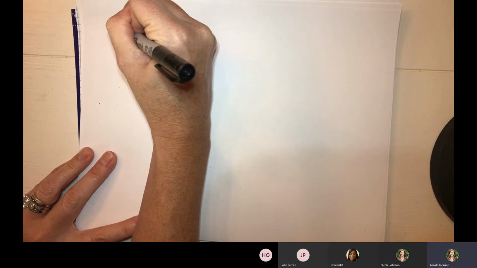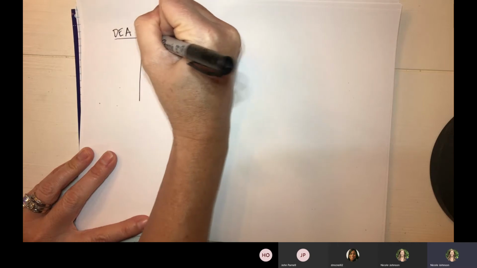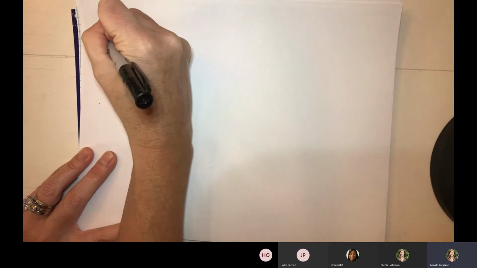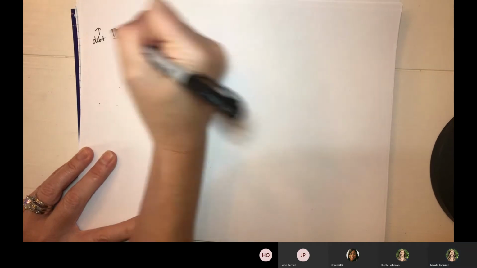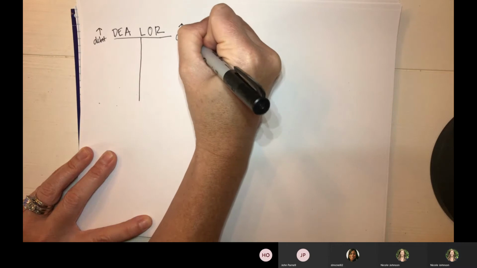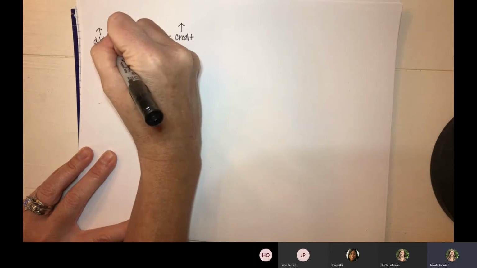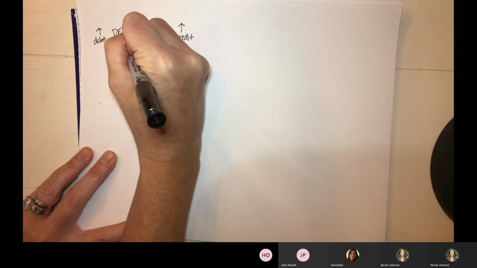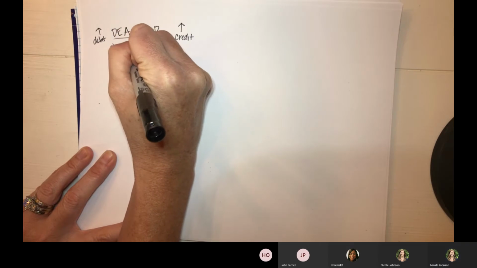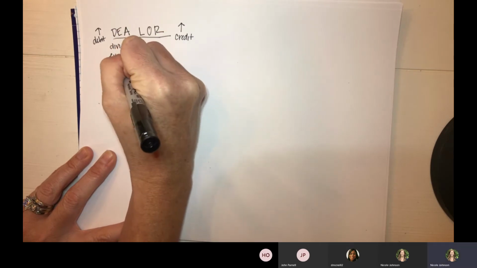You can write a T account and you write D-E-A-L-E-R. This side increases with a debit. This side increases with a credit. So dividends, expenses, and assets all increase with a debit.